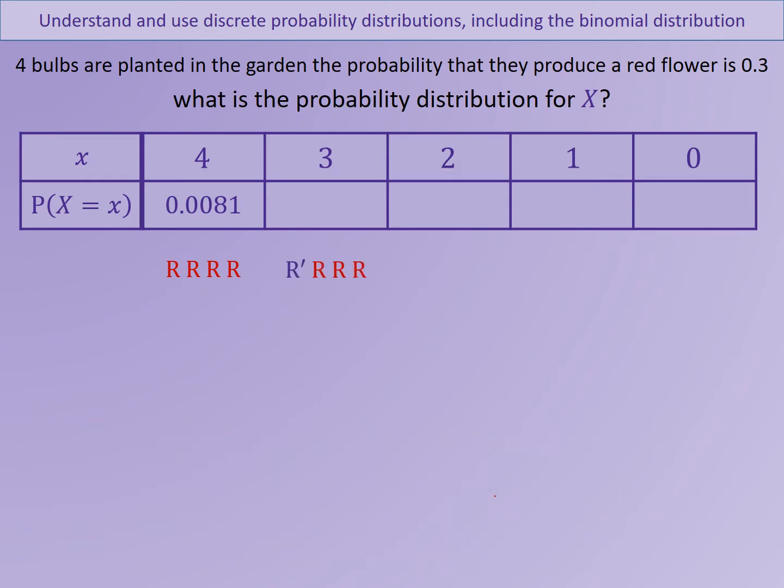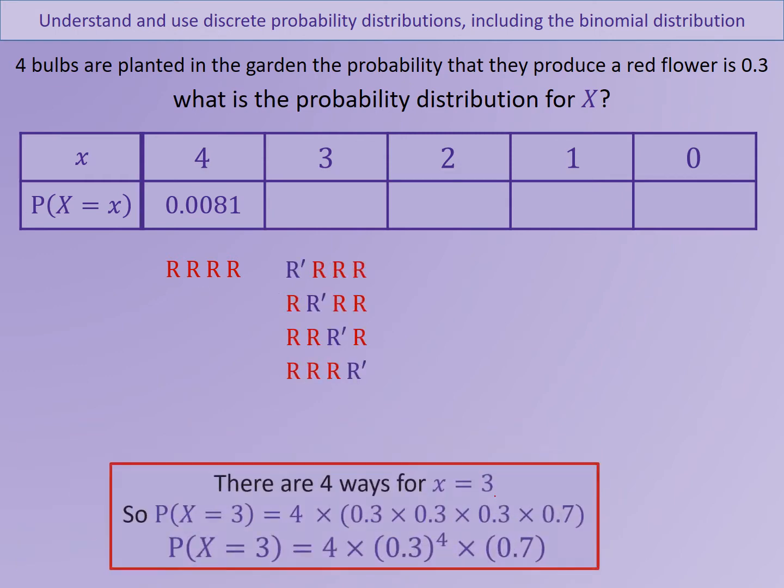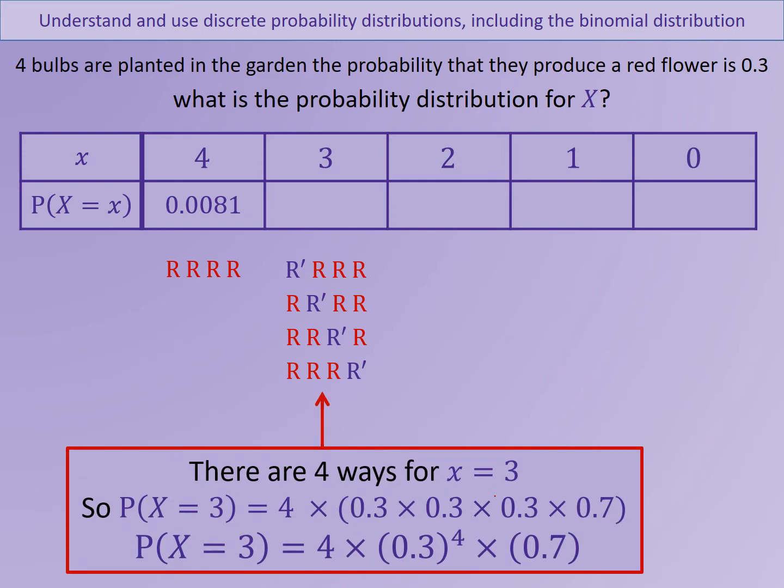If we're looking at 3 red flowers, there are 4 different combinations now. And so we are multiplying 0.3 by itself 3 times. It says 4 down here, but that should be a 3. And then we also need to multiply by not getting a red flower, which is 0.7.